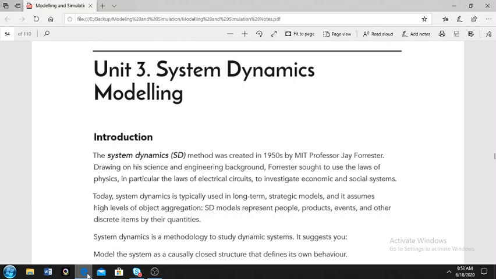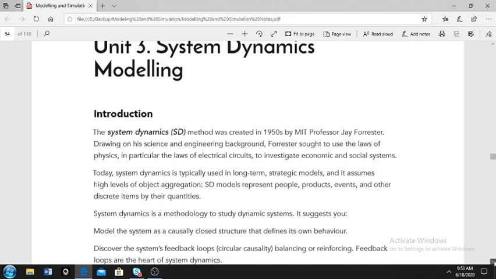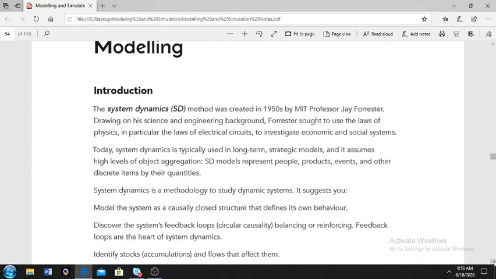So you see, this guy called Forrester used his background as an engineer to apply this to economic and social systems. Remember, we say that system dynamics is meant to model social systems, economic systems, market systems, where we find a lot of dynamics.